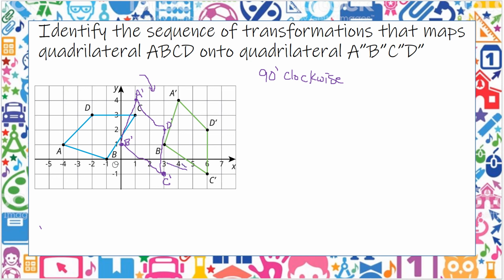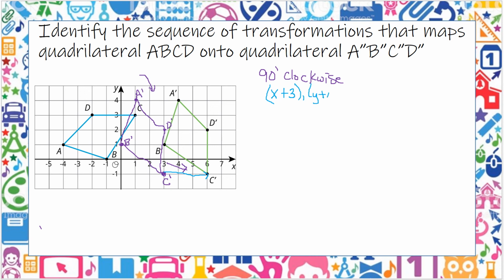Now we need to move it over this direction. So I'm going to move it how many spots? I'm going to move it 1, 2, 3 spots to the right. So that means I'm going to add 3 to my X value.